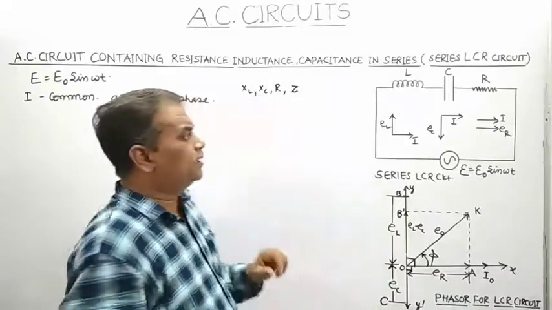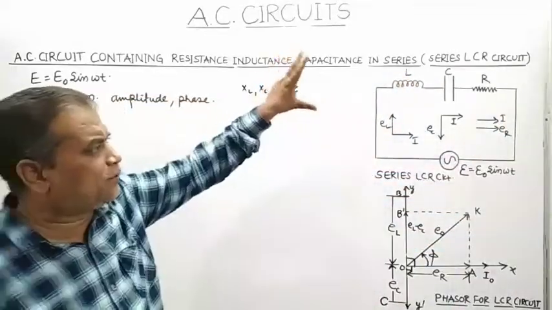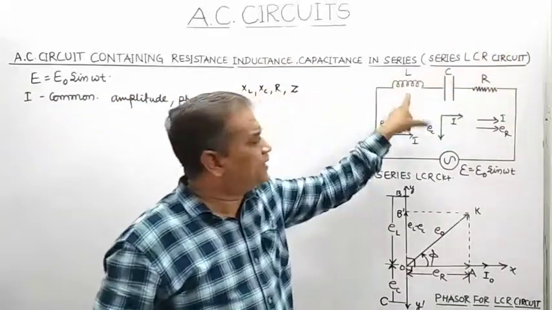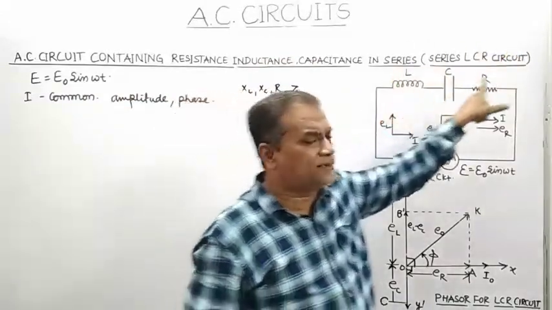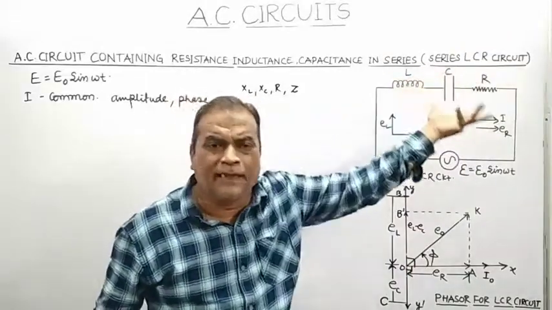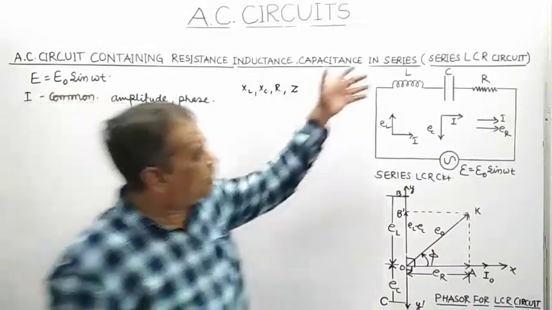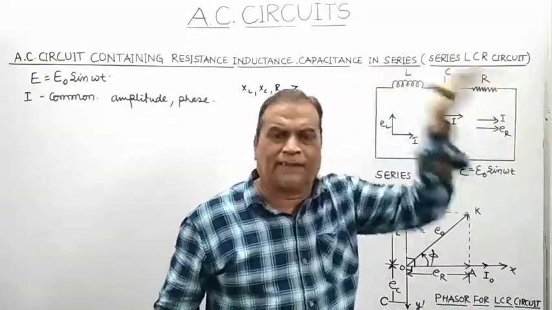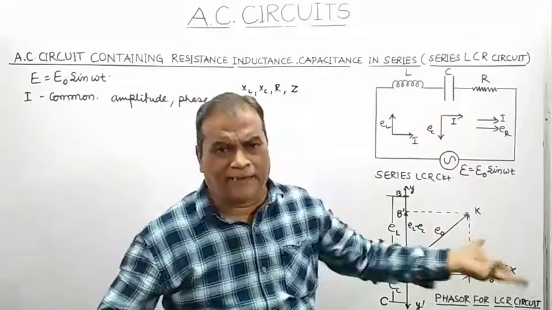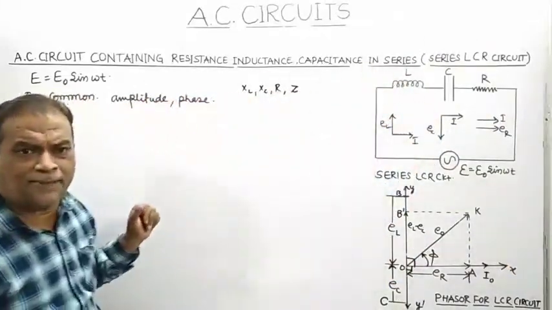So what do you remember? The effective or total opposition offered by the series combination of inductor, capacitor and resistor to the flow of alternating current through them is called the impedance of the series LCR circuit. Because L, C, R are all connected in series, naturally the current flowing through all three elements is the same.